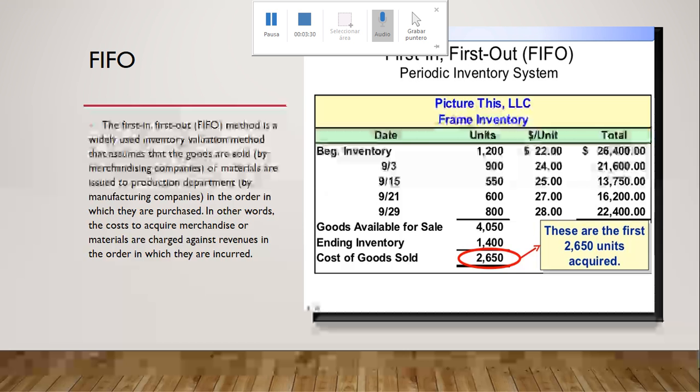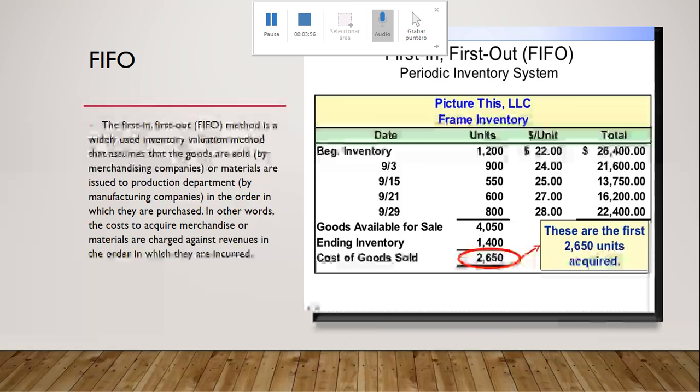The example given below explains the FIFO method in a perpetual inventory system. If you want to understand it in the periodic inventory system, read the first in, first out FIFO method in periodic inventory system article. Step number one: prepare journal entries to record the transactions in the perpetual inventory system.